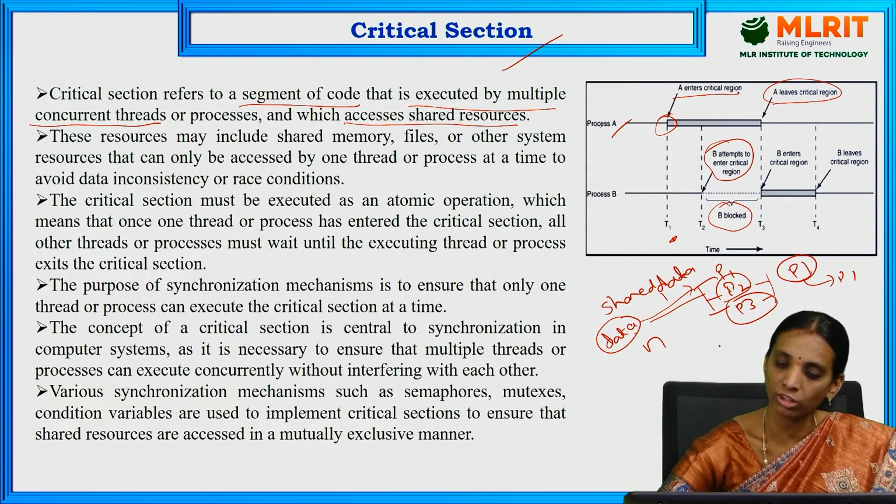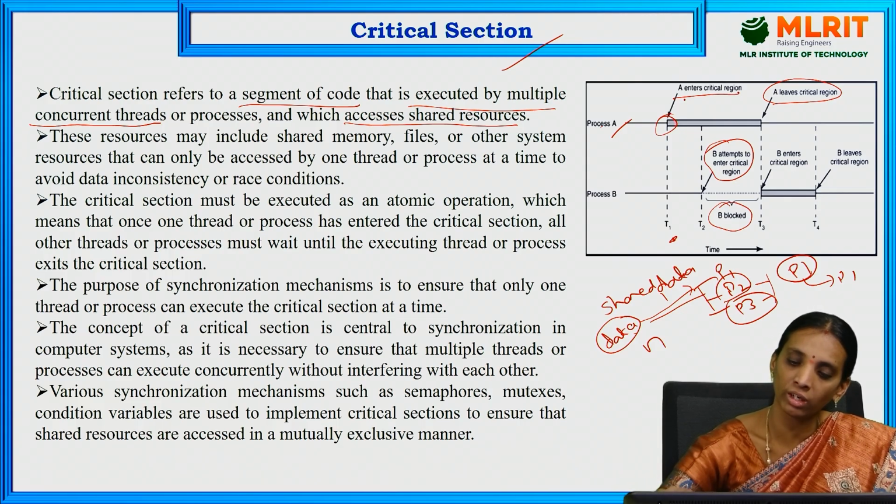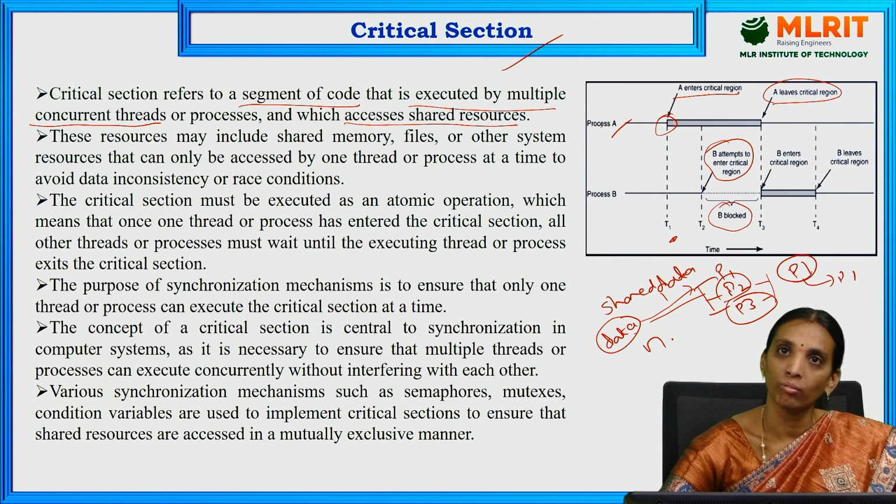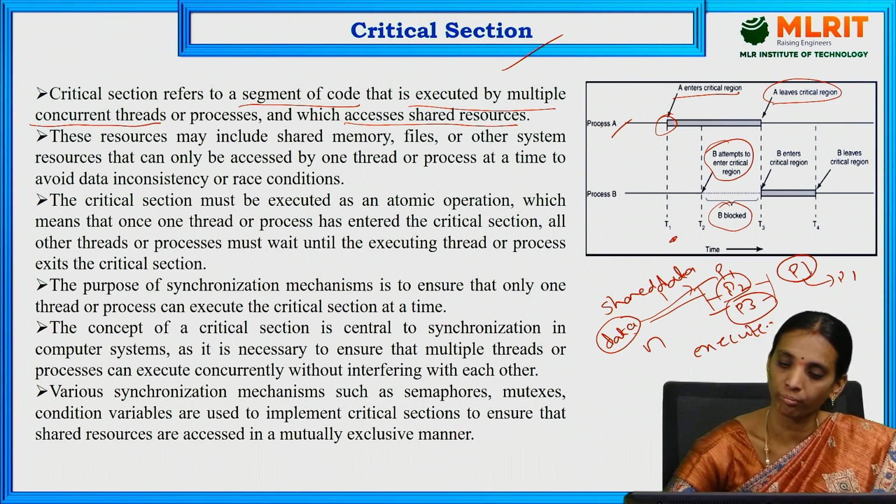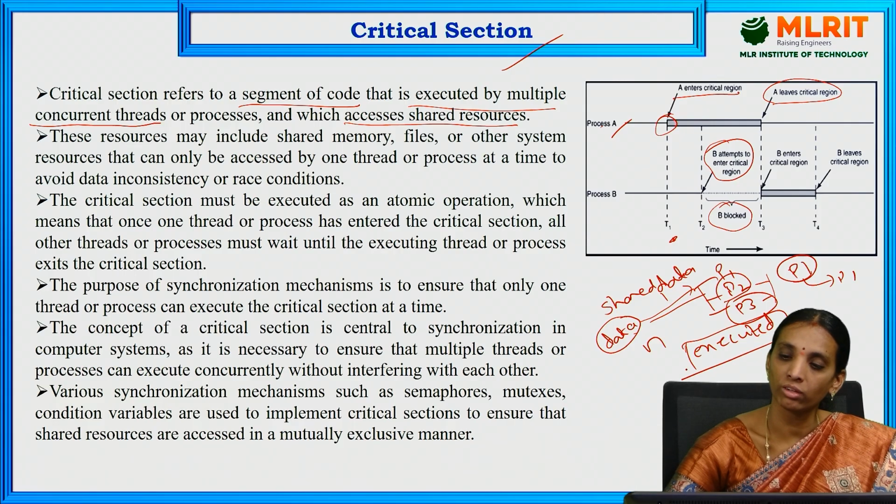Critical section means whenever it is allocated the data or resources used by that process, it is going to be executed, and until the completion of execution it will not release its resources. It will hold its resources. That is the critical section. After completion of execution, the process terminates and releases the resources.